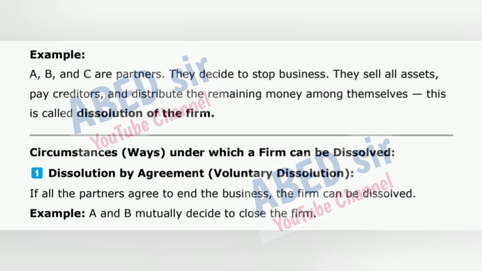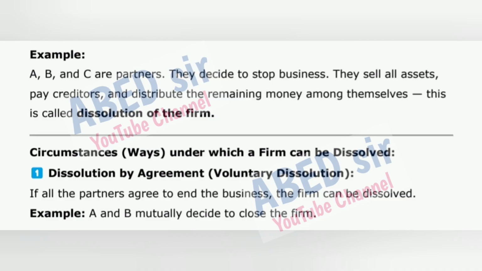Example: A, B, and C are partners. They decide to stop business. They sell all assets, pay creditors, and distribute the remaining money among themselves. This is called dissolution of the firm. Circumstances, ways under which a firm can be dissolved. 1. Dissolution by agreement, voluntary dissolution.